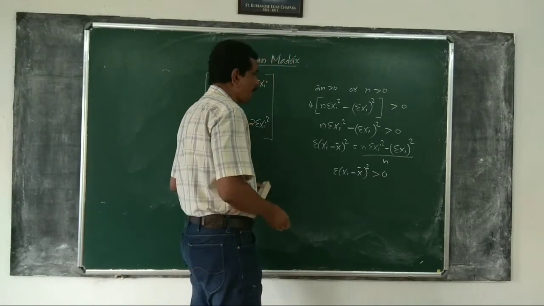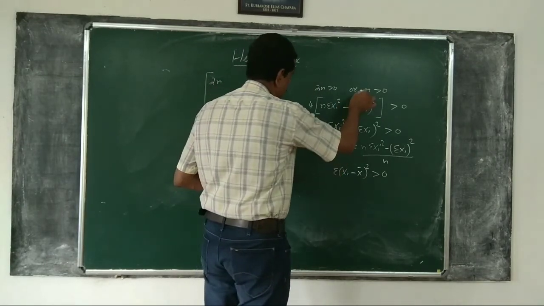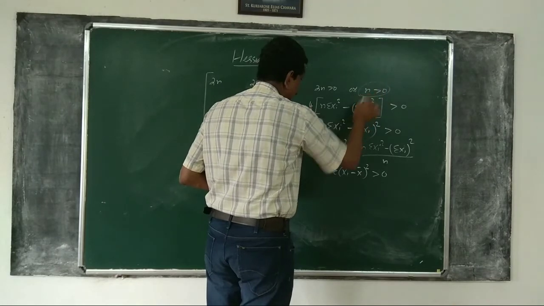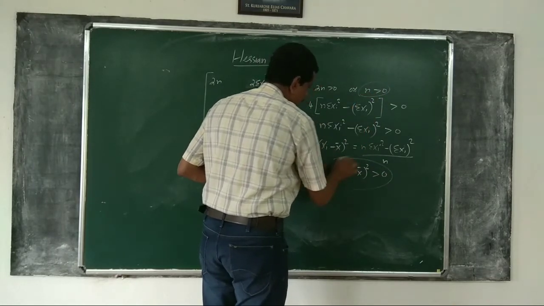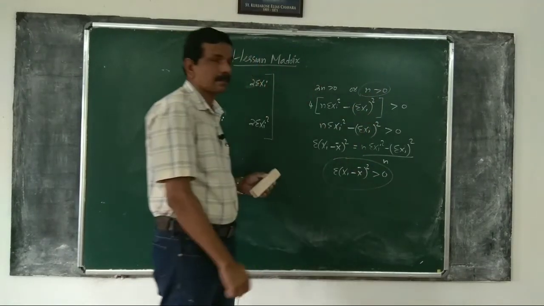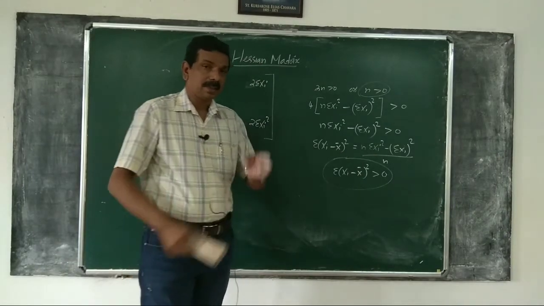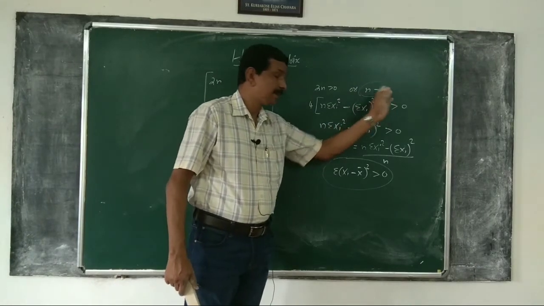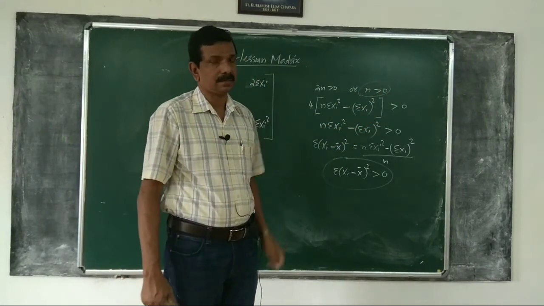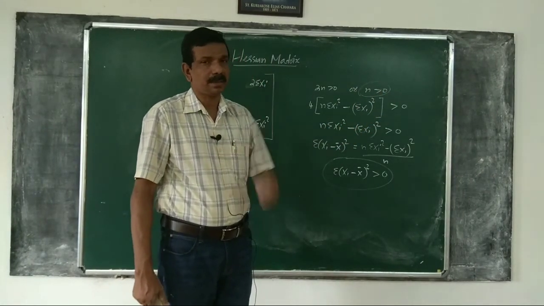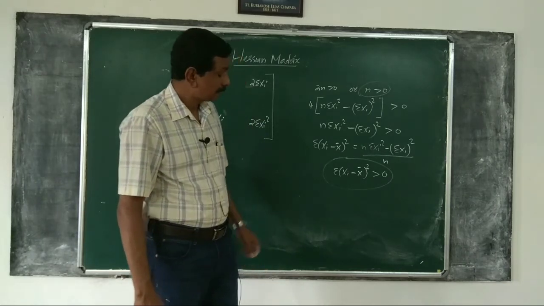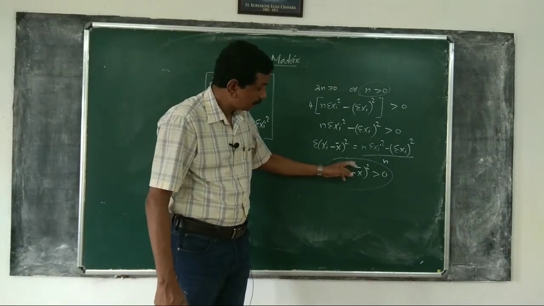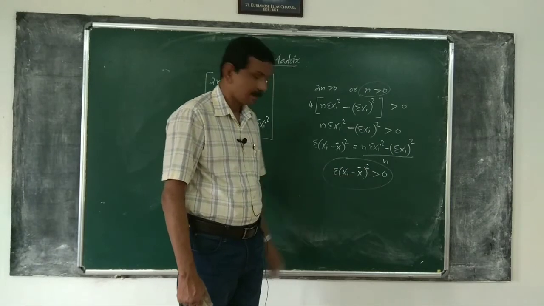Now let me explain these two conditions. As you can see, n is the sample size. So the first second order condition is that sample size must be greater than 0. Without a sample, we cannot estimate anything. The second is sigma xi minus x bar square greater than 0.